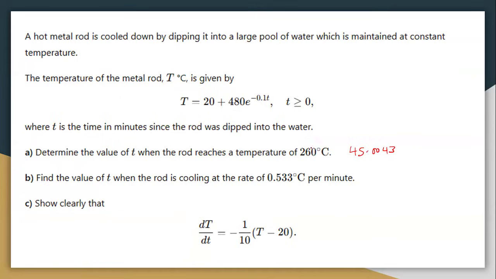No, wait, that one is for this second part. Sorry, this one is for this part here. Then for this one, for the value of t here, it should be 6.93, or that is 10 ln of 0.5.